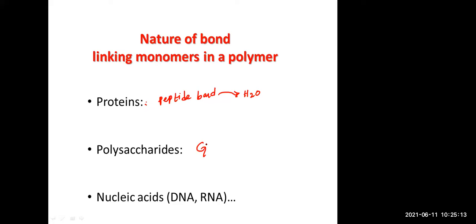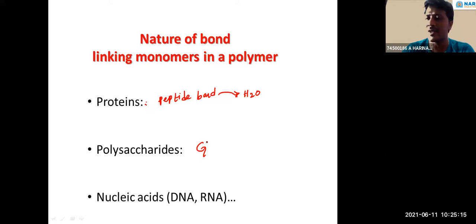Only the glycosidic bond is present; there are no other bonds. But protein consists of, along with the peptide bond, hydrogen bonds, sulfide bonds, so many bonds. Polysaccharides consist of only the glycosidic bond, which also forms due to the elimination of a water molecule.